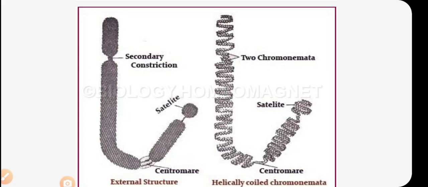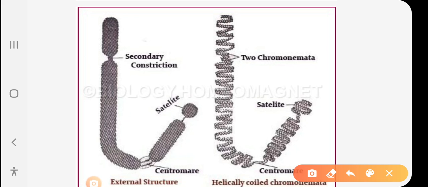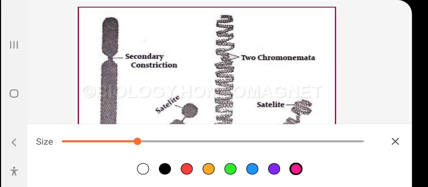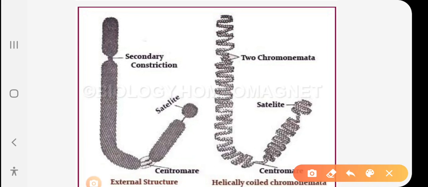If you see the structure of a chromosome, we can find some parts. The first part is known as the primary constriction, also known as the centromere.